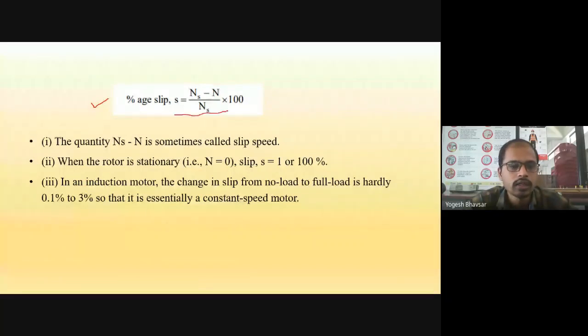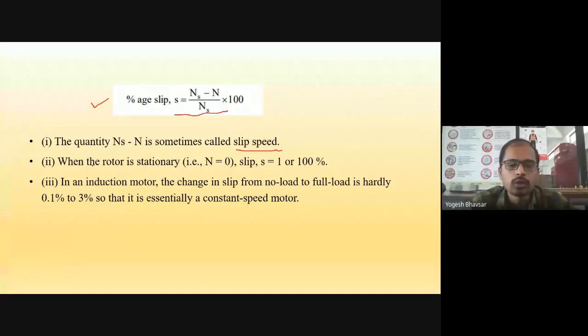So we get some observations from this formula. The quantity Ns minus N, the difference between synchronous speed and actual rotor speed, is called slip speed.